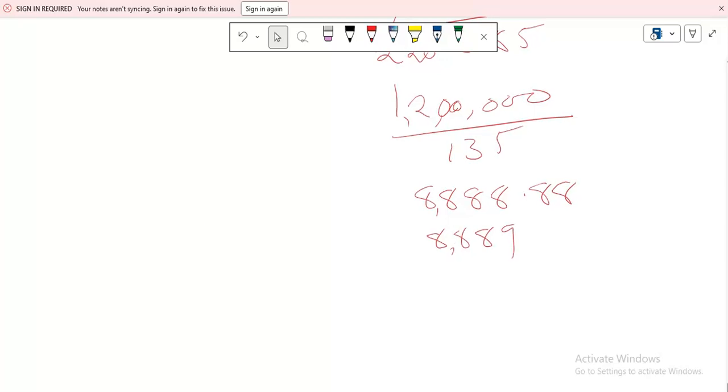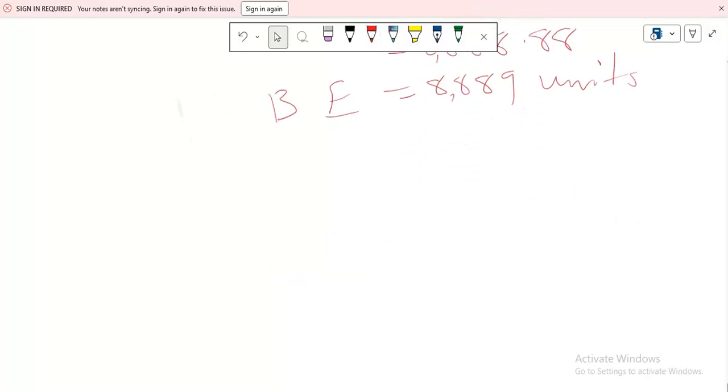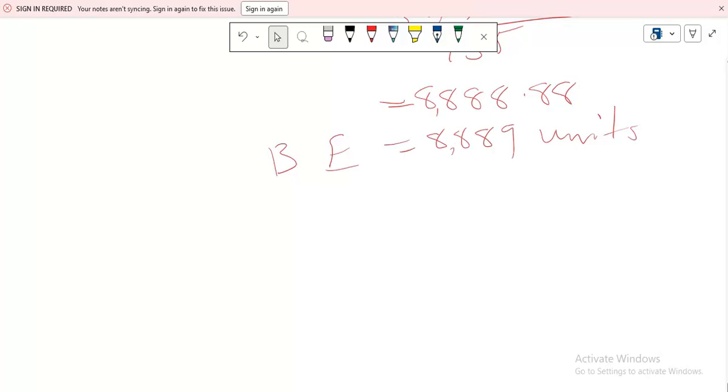Alright, so this is equal to break-even in units. If we want to find the break-even in Kwachas, in amount, we will just get that particular number of units multiplied by the selling price, which is 220.